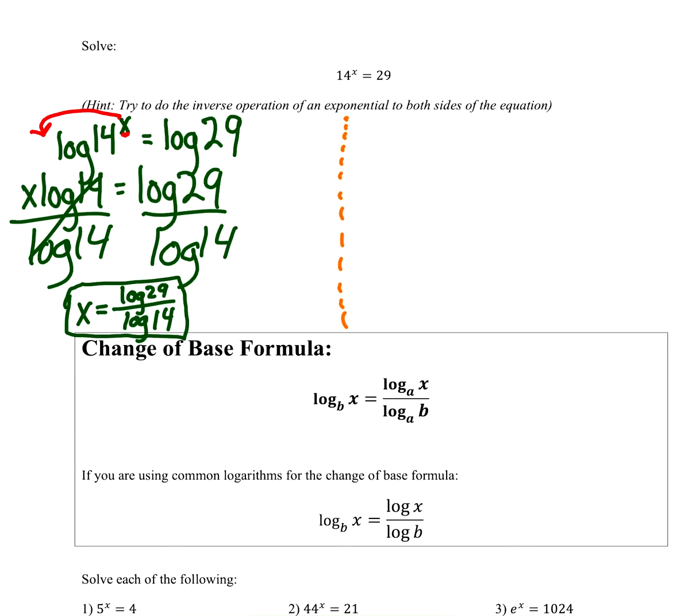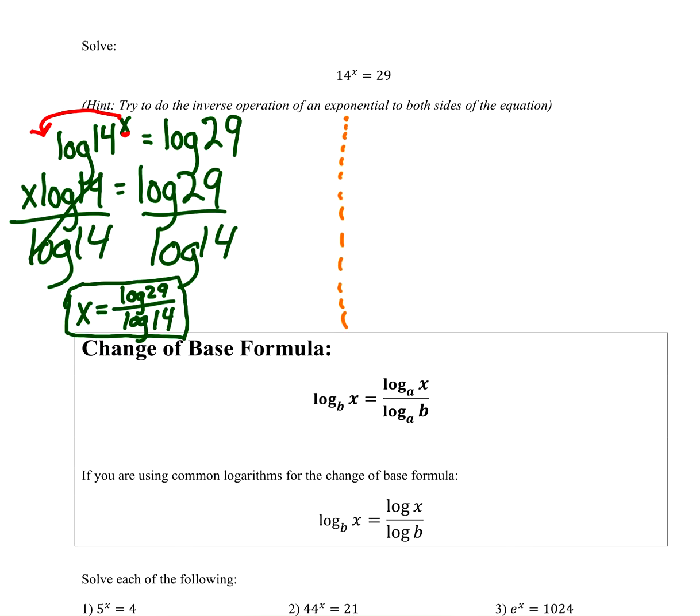And I think this is the most important part. Why would we want to do the inverse operation of an exponential on both sides? So why would I want to log both sides of the equation? Think about that for a second. What does it allow us to do? It allows us to get that exponent, which is x.